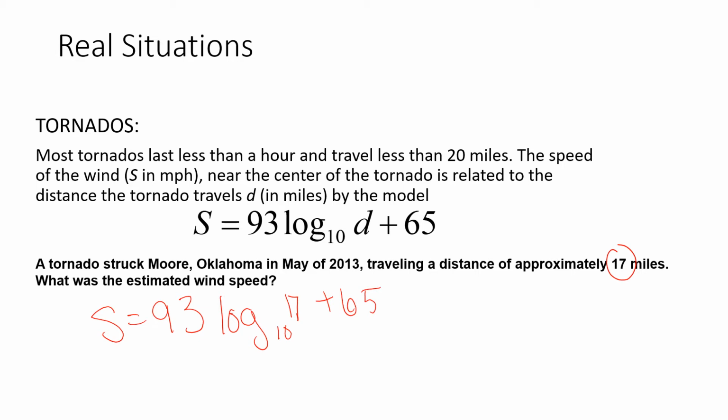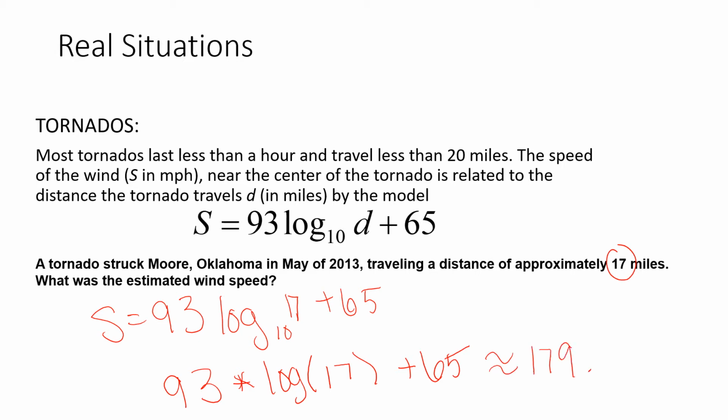When you plug this into your calculator, you're going to do 93, multiplication sign, the log button. Because our calculator is already in log base 10, you just need parentheses 17 parentheses, plus 65. And that's roughly, sorry, I had to get my calculator, 179.43 miles per hour. So that's how fast that tornado is traveling.